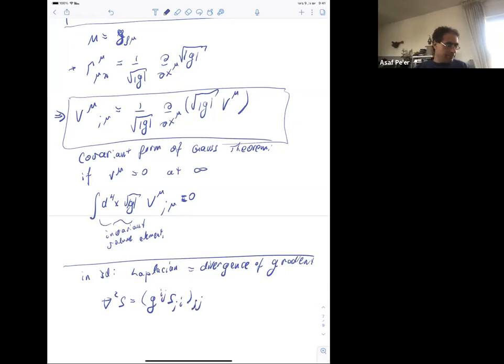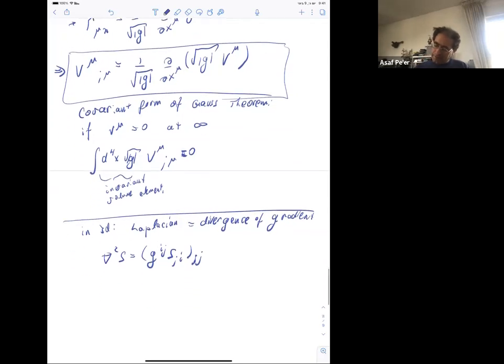If you want to write it down explicitly, this is 1 over square root of G, d over dx^j, square root of G, G^ij, ds or dx^i.